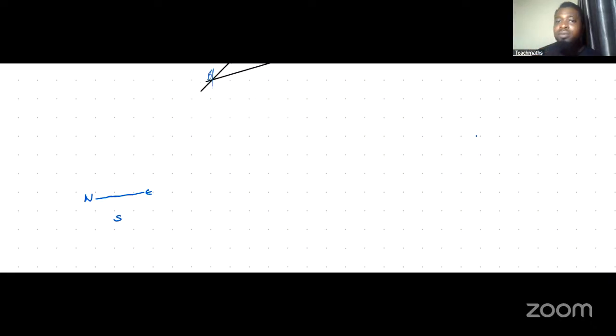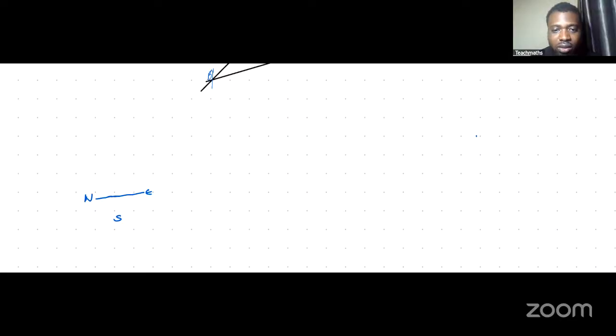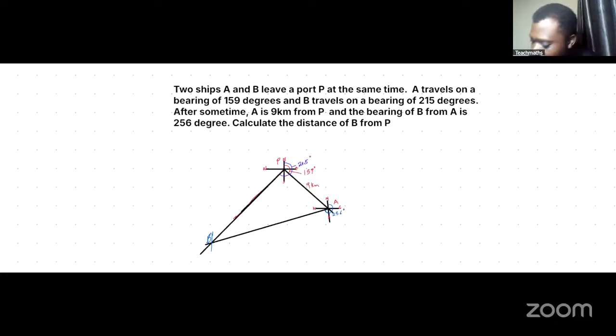Okay. So do you understand this? Mm-hmm. Okay. So what's now the question? The question is: calculate the distance of B from P. So this is point P and this is point B.